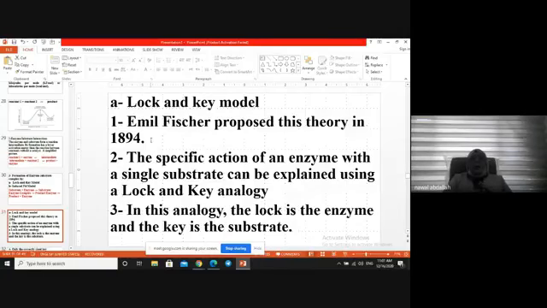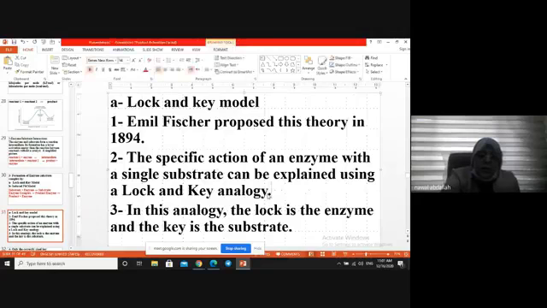Number two, the specific action of an enzyme with a single substrate can be explained using this theory's analogy. So this theory can be used when there is only one substrate, or reactant, that reacts with the enzyme.